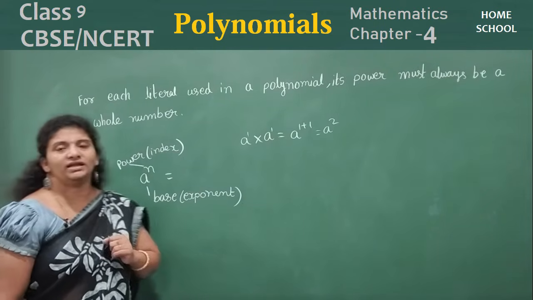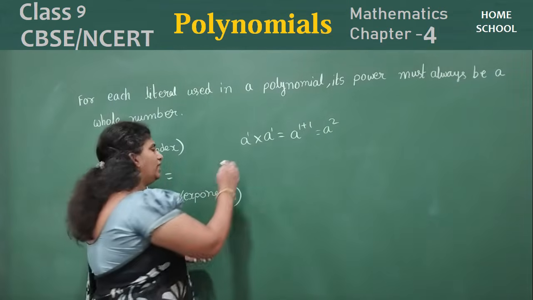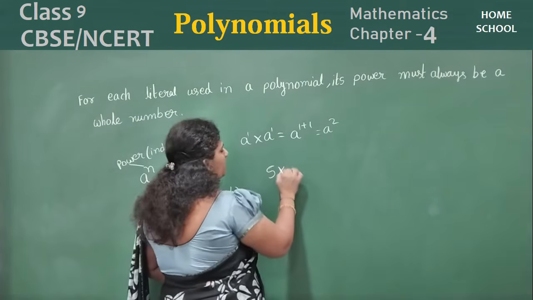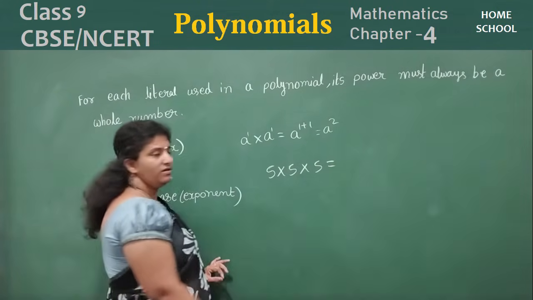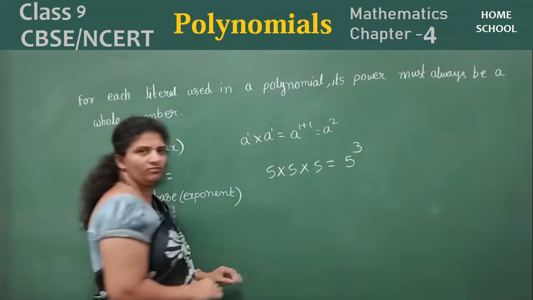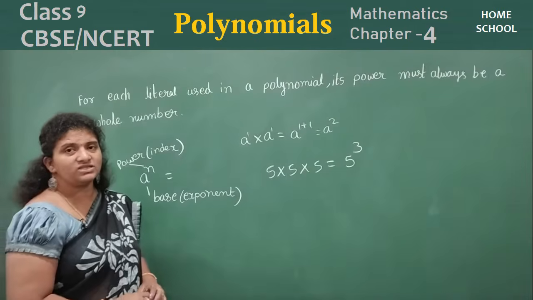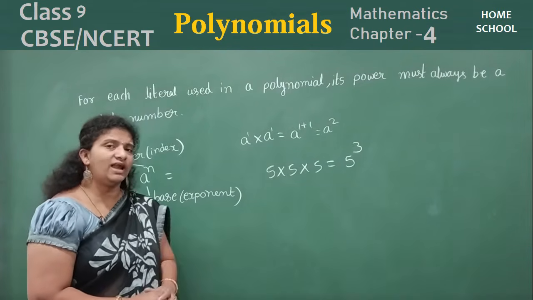How do we get power and base? Suppose any number, let me take 5, multiplying three times. How do you rewrite this? 5 power 3. What is the base or exponent value? 5. What is your index or power value? 3.